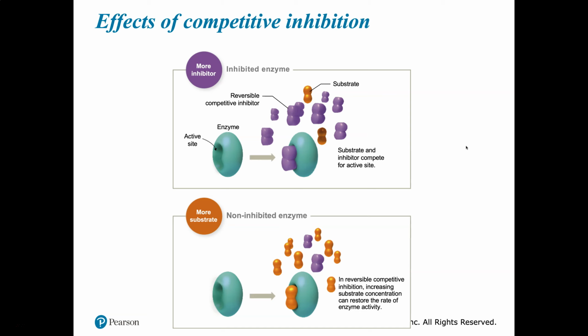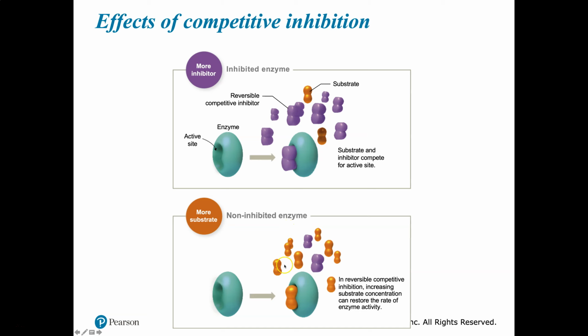So if you notice on this top one, this enzyme, there's more inhibitors than there are substrates. So the inhibitors are going to compete for the active site. And when they bind to the active site, the substrate can no longer enter. Therefore, you inhibit the enzymatic activity.